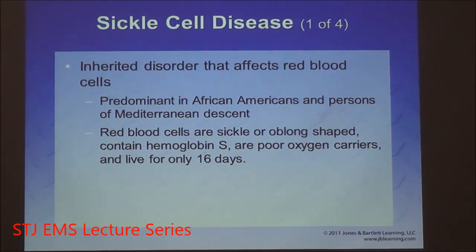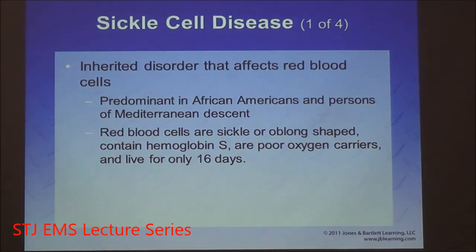Let's talk about a couple of genetic congenital diseases. Sickle cell, an inherited disorder where red blood cells are almost crescent-shaped. This is a genetic trait that's predominant in African Americans and people of Mediterranean descent. It looks like a crescent-shaped moon.